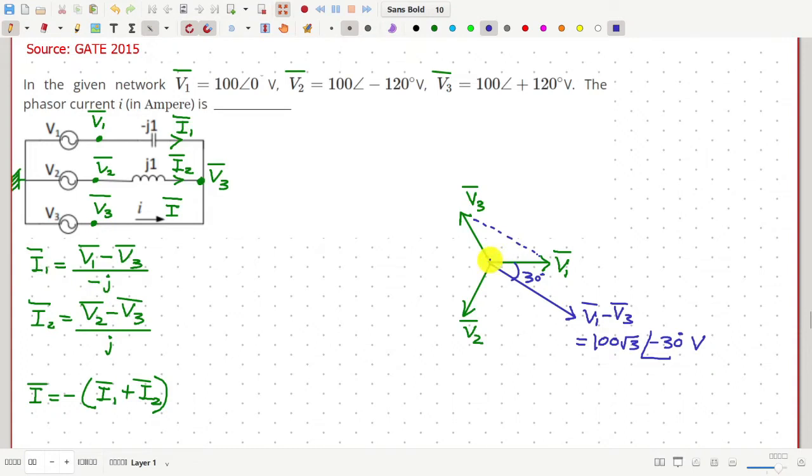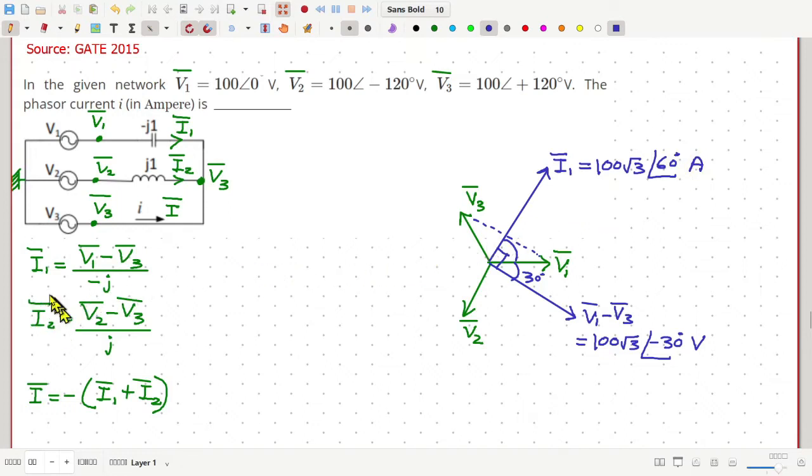So this vector will get rotated anti-clockwise by 90 degrees. This is I1. So it will have a magnitude of 100 root 3, and since this angle is 90 degrees, this angle is 60 degrees. So this is 60 degrees, in ampere.